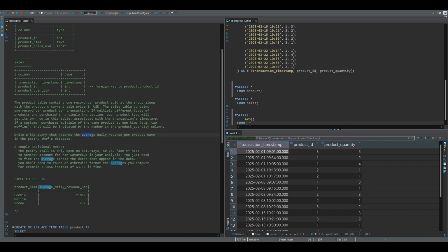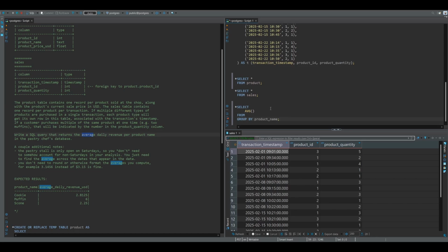And if we need to calculate an average, that means we need to aggregate something. More specifically, we need to get an average of something per product name. So when we aggregate, we will want to group by product name. All right. So we have this kind of skeleton starting to form here.